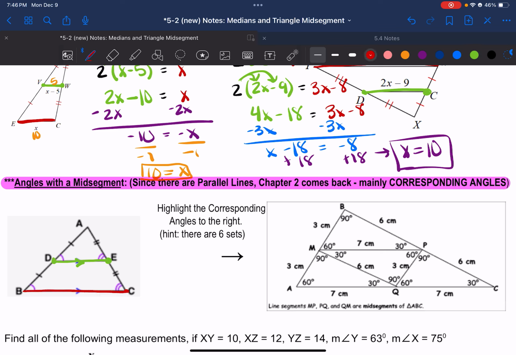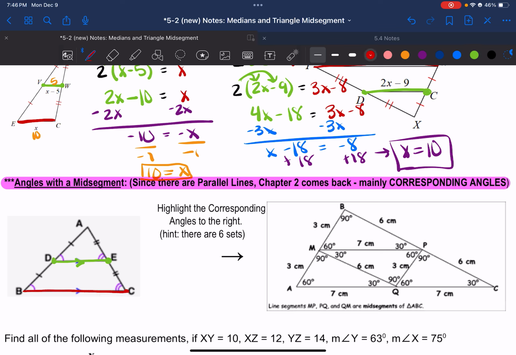Then when we look at these lines, we have some more. We have this line parallel to this line, so we have all of these little angles in here, and let's highlight all the 60s. There's a 60 here, and this 60 is congruent to this 60 because they're alternating over the pink line, so they're alternating interior angles.